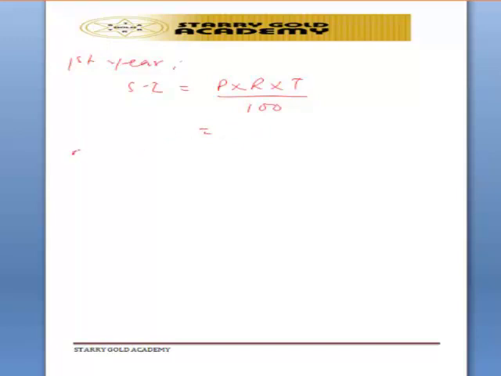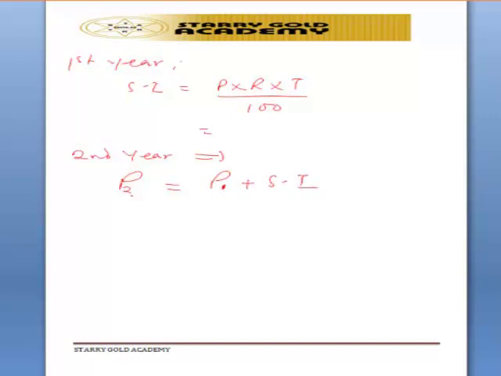So for the second year, whatever we got here is the simple interest for the first year. But in the second year, our principal will change, like I told us. Principal in year 2 will now be principal in year 1 plus the simple interest gotten.